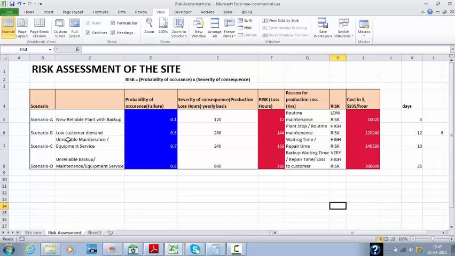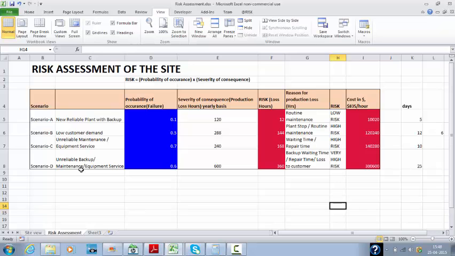And then you have scenario C, where you have unreliable maintenance and equipment services, and scenario D, where you have unreliable backup, maintenance, and equipment service. So you have everything culminating here: unreliable backup, unreliable maintenance, and unreliable equipment services, technicians, or getting the spare parts and all that.